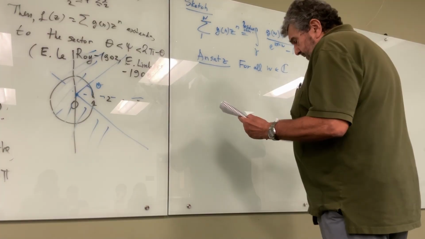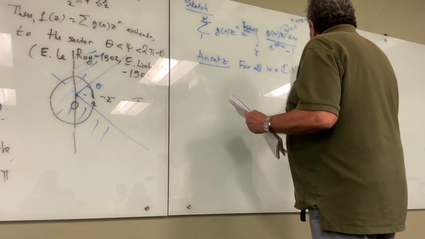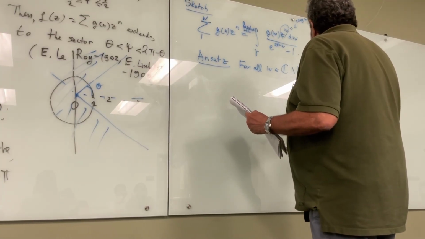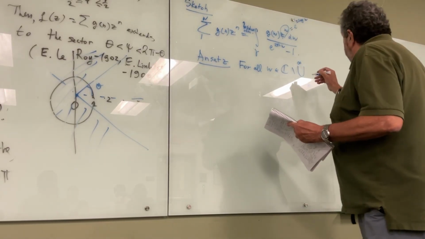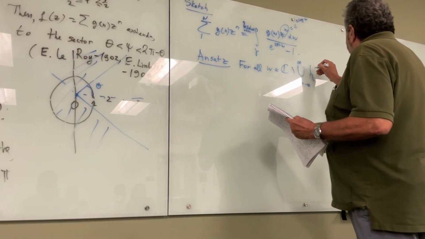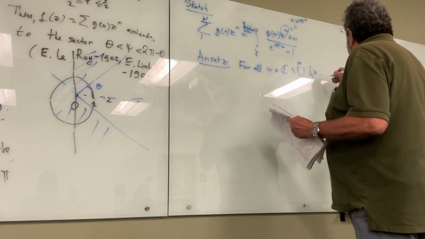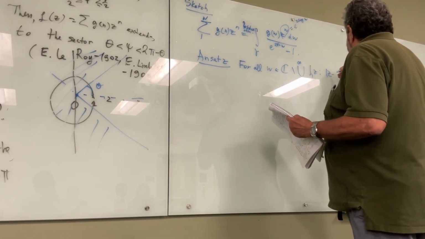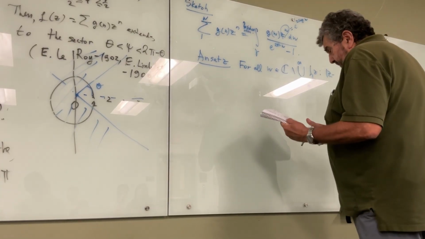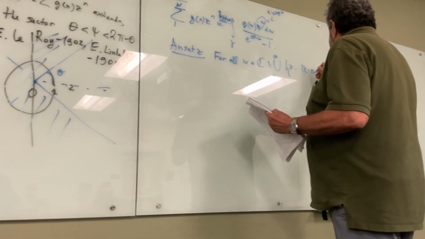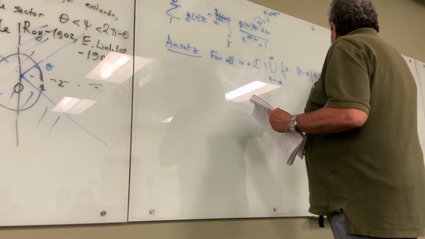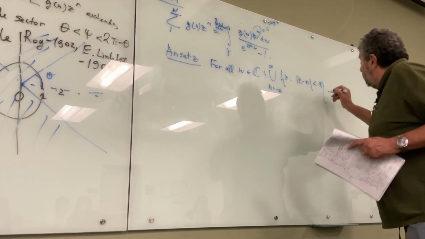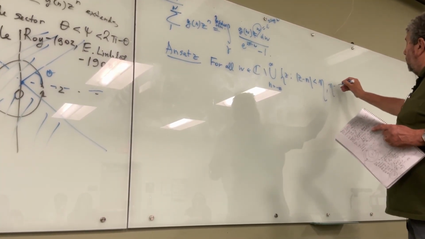in the whole complex plane minus the countable union of the circles such that z minus n is less than eta, where eta is sufficiently small.